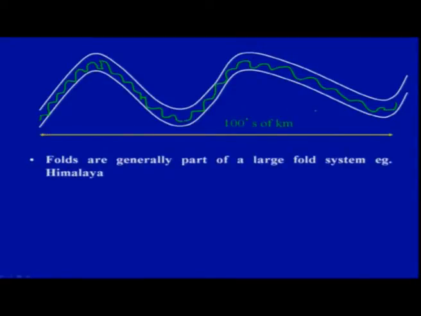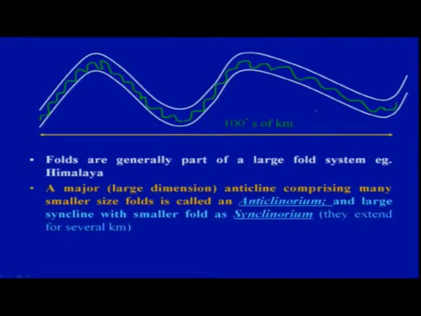This is another feature mostly associated with the larger folds, what we call mega folds. These folds are generally a part of a large fold, which we term an anticlinarium or synclinarium, and they are seen within the limbs of the major folds. They are smaller folds, termed anticlines and synclines, but collectively anticlinarium and synclinarium.